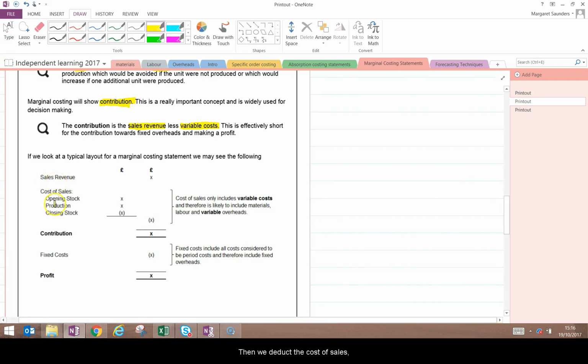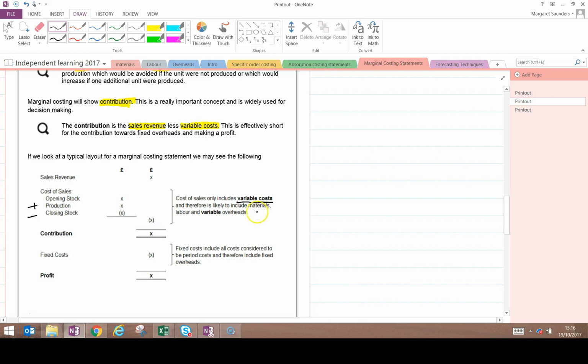Then we deduct the cost of sales, which is the opening stock plus the production minus the closing stock. The important thing to notice here is that when we are considering the production cost, we are considering only the variable costs of production.